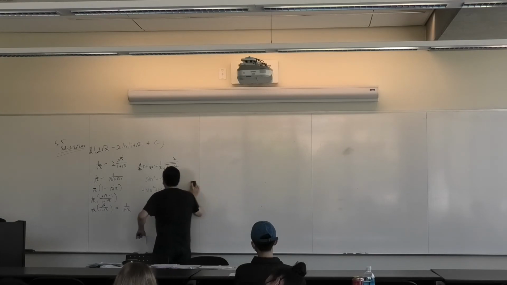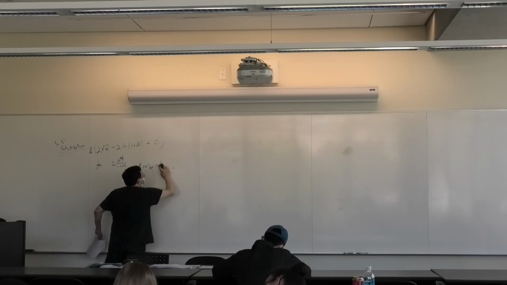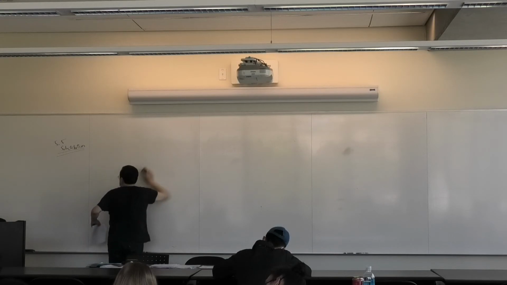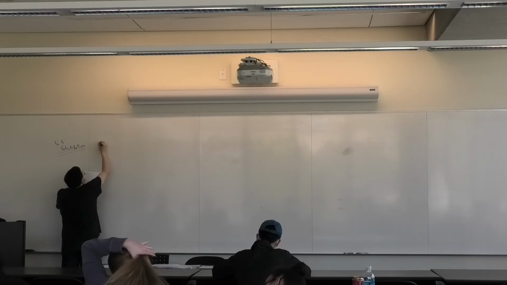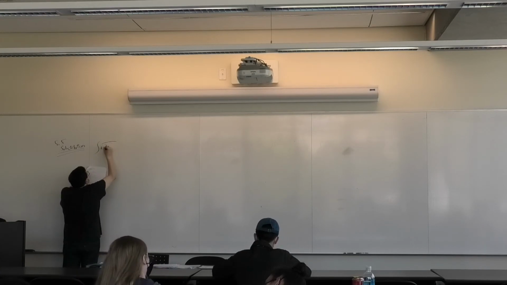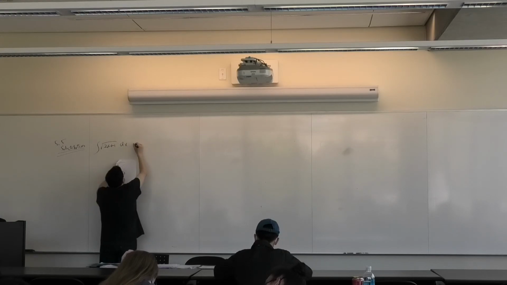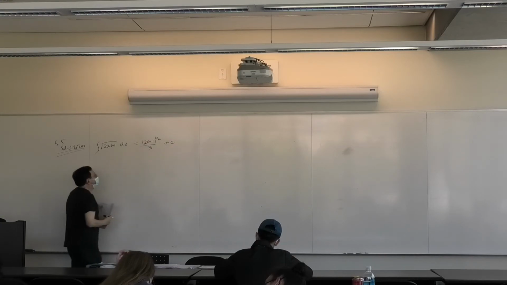It was pretty simple. It went like this. What's the integral of the square root of 2x plus 1? And we decided that was 2x plus 1 to the 3/2 over 3 plus c.